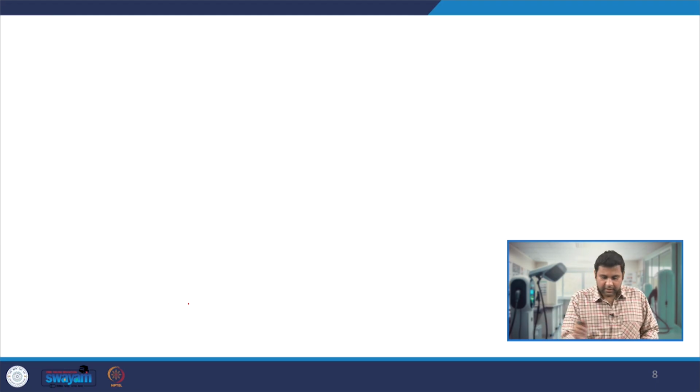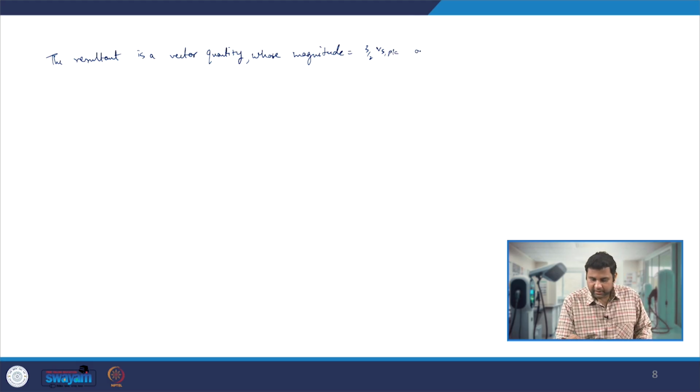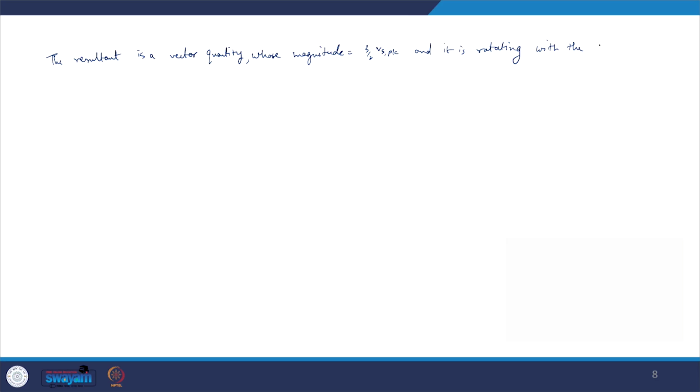So what we saw is that the resultant is a vector quantity whose magnitude is 3/2 Vs peak in our case, and it is rotating with angular speed equal to omega, which is 2 pi fs, corresponding to the line frequency.